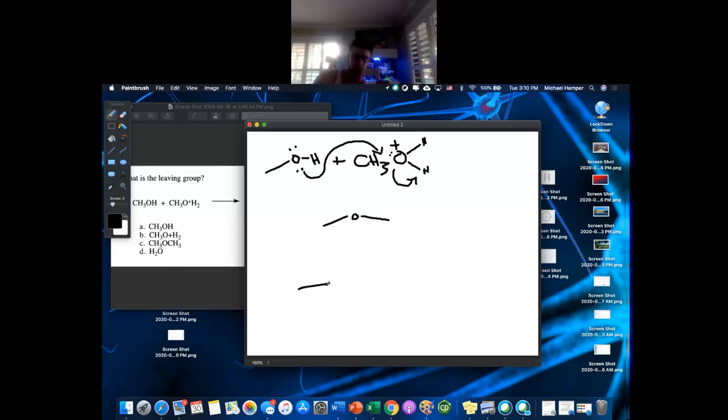So for just making up an example, if you have an oxygen that is positively charged, that means it has extra bonds to it that are making it beyond neutral. Therefore, it doesn't want that positive charge. Anything electronegative doesn't want a positive charge. So in order to get rid of it, it's going to break away.